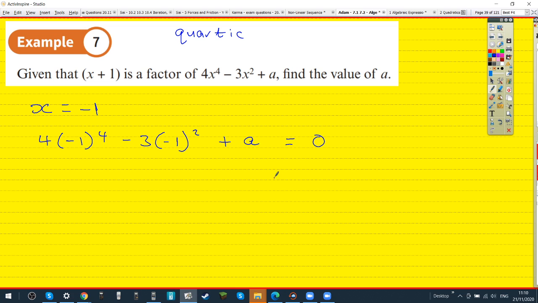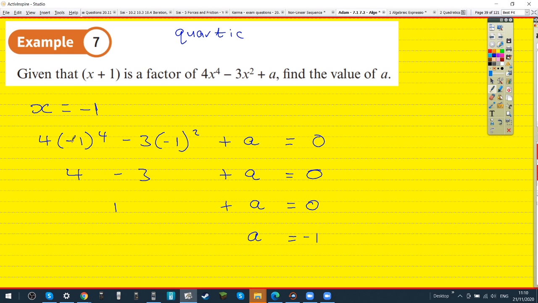Yeah, that would be equal to 0. X is -1, that's what it says. Yep. A equals -1.